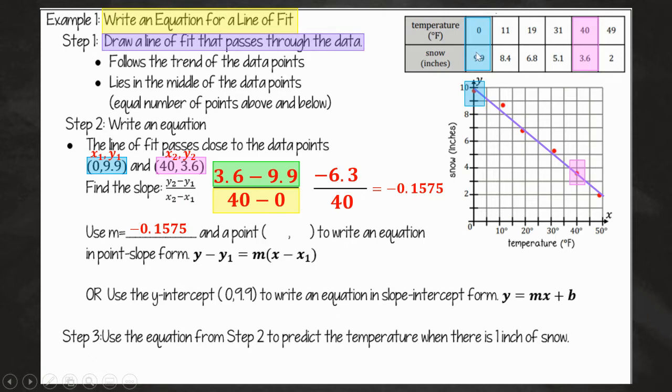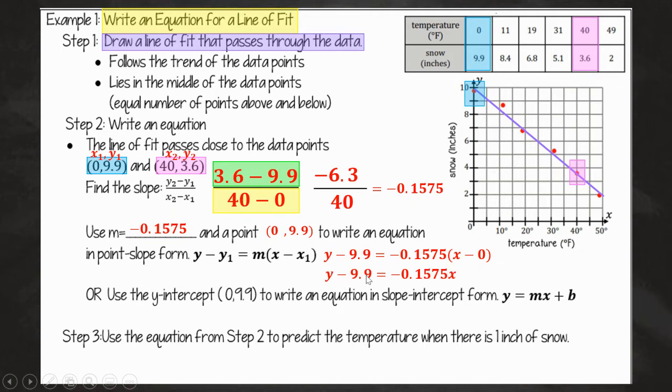Now I can select a point from the table or from my given points to write an equation. Well, luckily, in this particular example, I was given my y-intercept, so I'm going to use my y-intercept, 0 and 9.9, to write an equation. Now this one says to write it in point slope form, y minus y1 equals m times x minus x1. So I'm going to fill in my x and my y value into my point slope form. And then I'm going to simplify it.